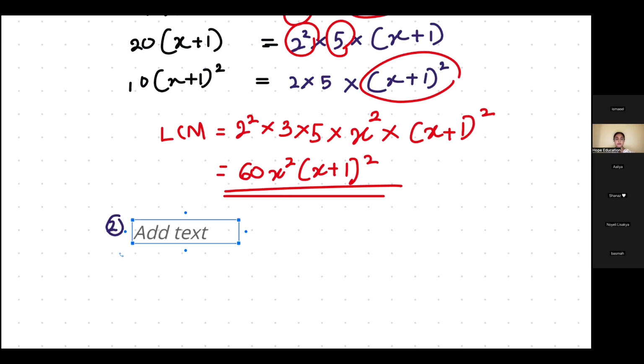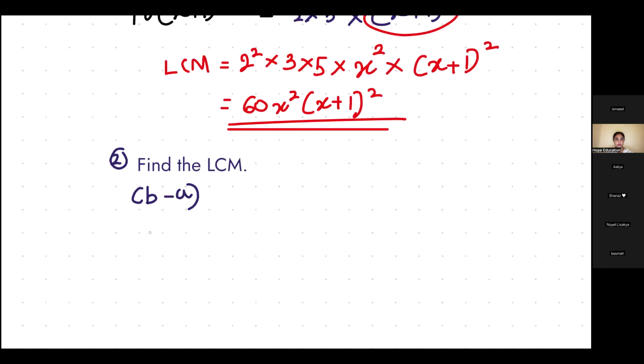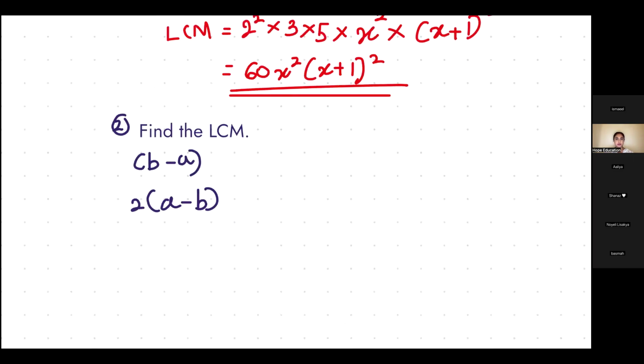Find the LCM. So here the terms are (b minus a), 2(a minus b), and 4a squared (a minus b) squared.